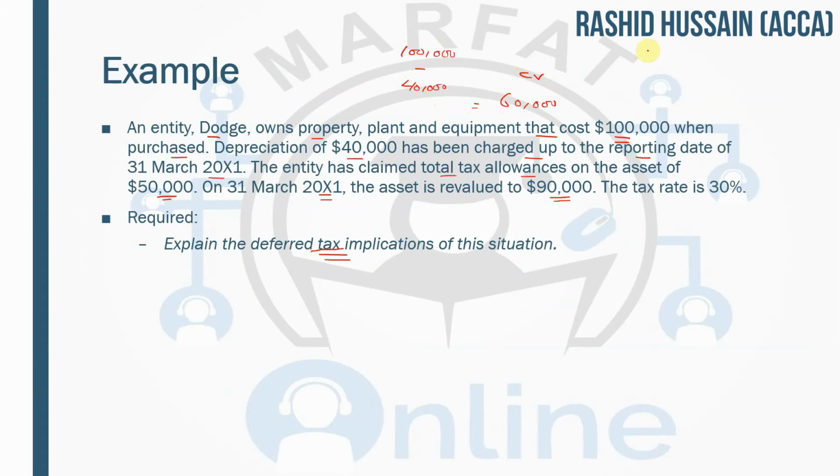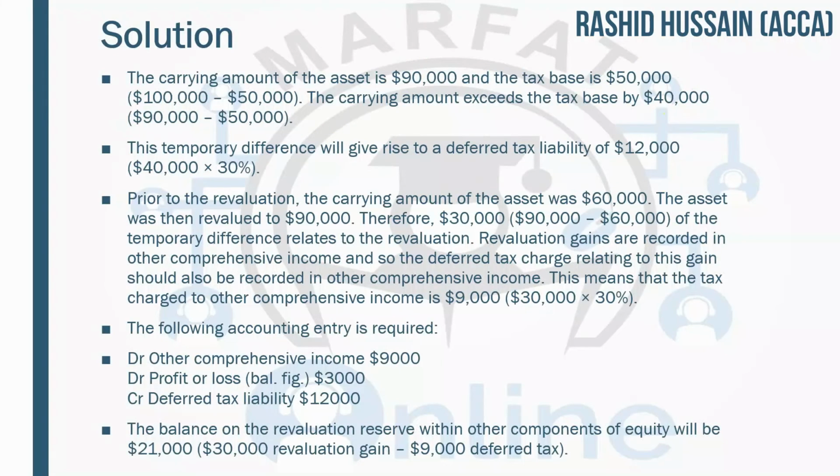What is the tax base? 100,000 minus 50,000, because the capital allowances claimed so far is 50,000. So the tax base is 50,000. So the carrying value is 60,000 and the tax base is 50,000. When the carrying value is more than the tax base, that gives rise to the taxable temporary difference.